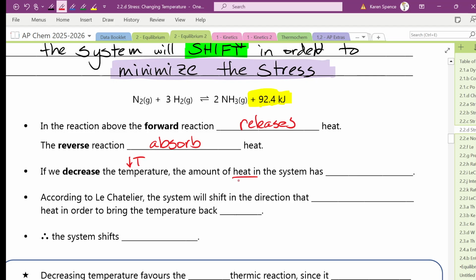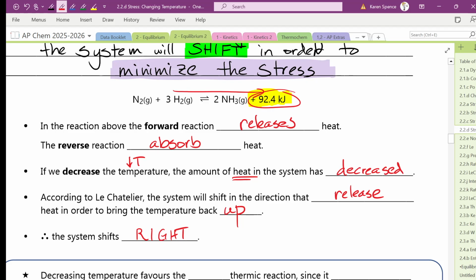The heat in the system has decreased. According to Le Chatelier, the system will shift in the direction that, do we want to release heat or absorb heat? We want to release heat in order to bring the temperature back up. And in this case, that means that the system shifts to the right.